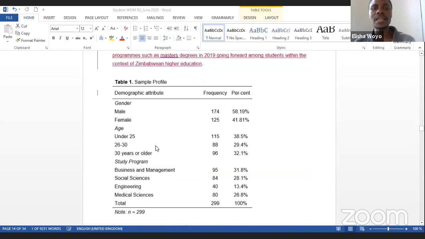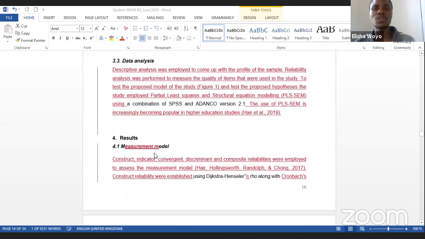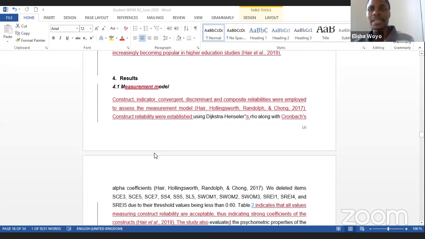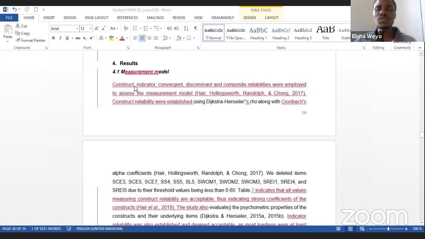So in that, if you want to find out whether that model is actually measuring what it should measure, you need to first report your construct, indicator, convergent, discriminant, and composite reliabilities. So there are actually a number of reliabilities that you can think of.